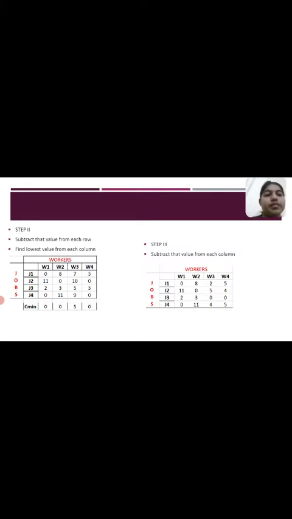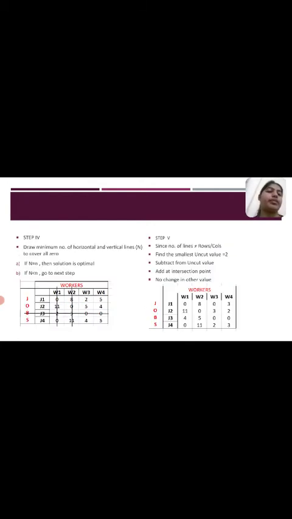Step 3. Subtract the value from each column. Worker 1 0, worker 2 8, worker 3 2, worker 4 5, J2 11 0 5 4, J3 2 3 0 0, J4 0 11 4 5.